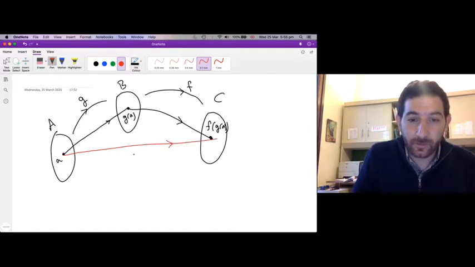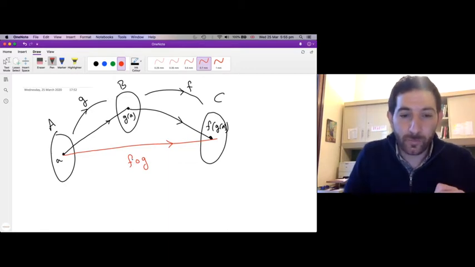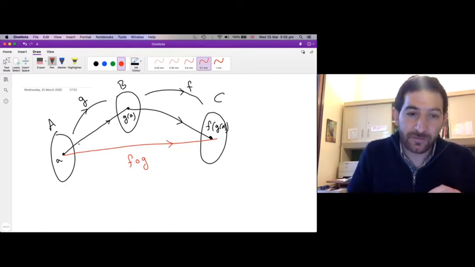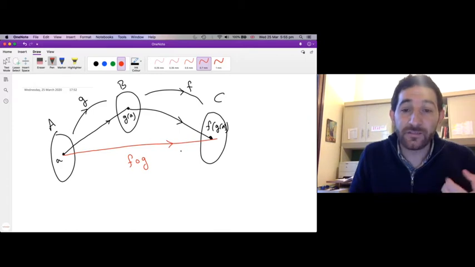Okay, we will call it f after g. So this small circle is read as after, or if you want, we compose f after g. Okay, so once we have a function g from A to B and the function f from B to C, we can define or construct a function from A to C, which we call the composition of f after g.